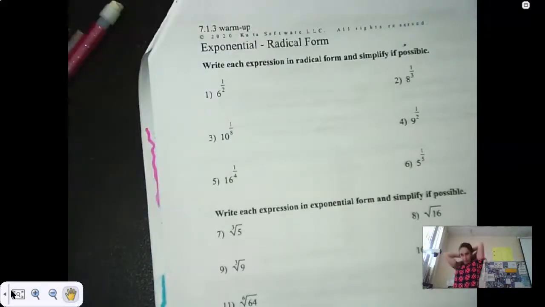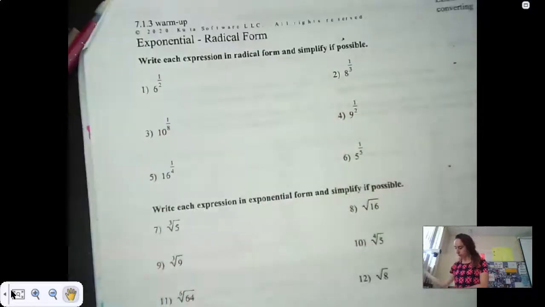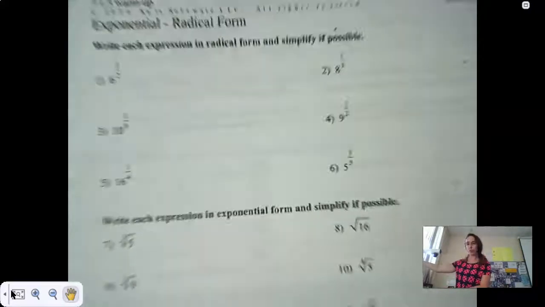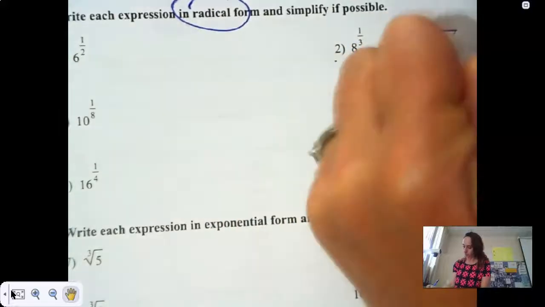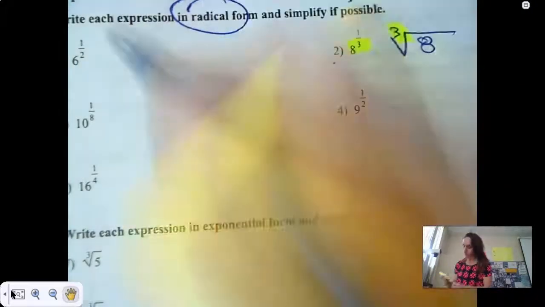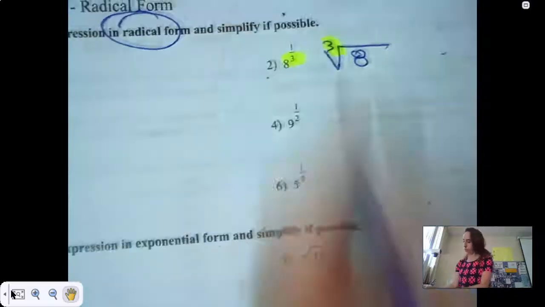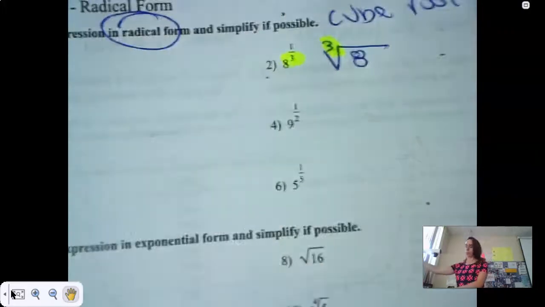You've done this already, but I need to make sure you're solid on it. I'm going to only do some of them because there aren't very many, and then you'll do the rest. So it asks you to change it to rad form. Remember, if you have a fraction, that's what goes in there. That is, if I was to write this, this is the cube root. Let me zoom out a little bit.